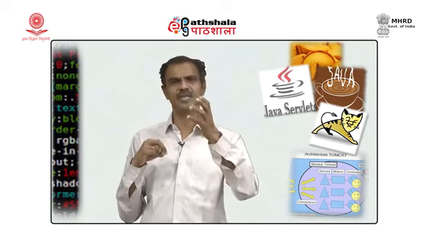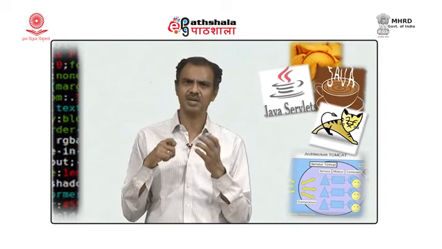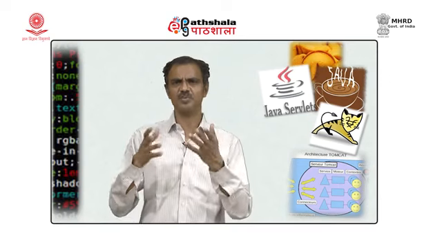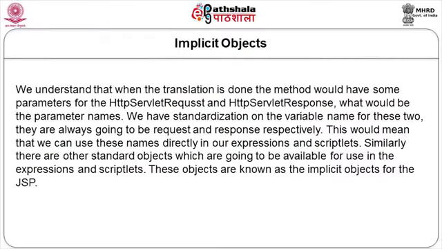I might be interested in knowing what is there in a particular session object. I might be interested in knowing if there are cookies. I would be interested in knowing so many other things. I would like to be able to get some parameters maybe from the request object. Oh, these I understand are parameters. That means I would have some parameter name.